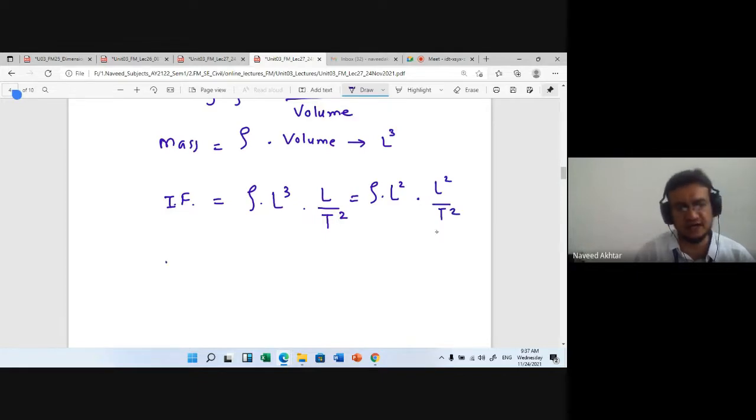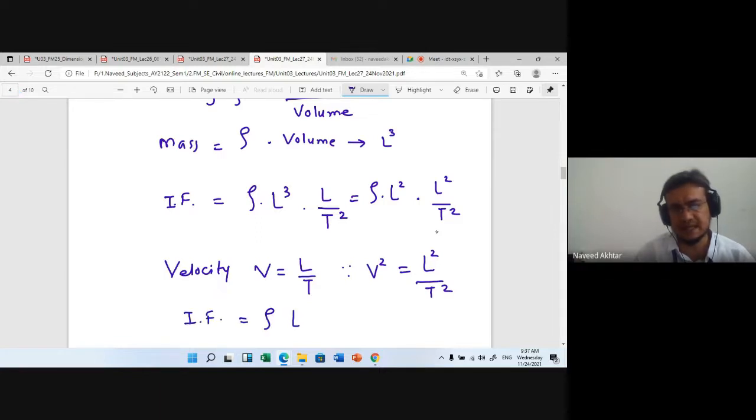We know that velocity v is equal to L upon t, so v square is L square upon t square. Now the inertia force is equal to rho L square v square.